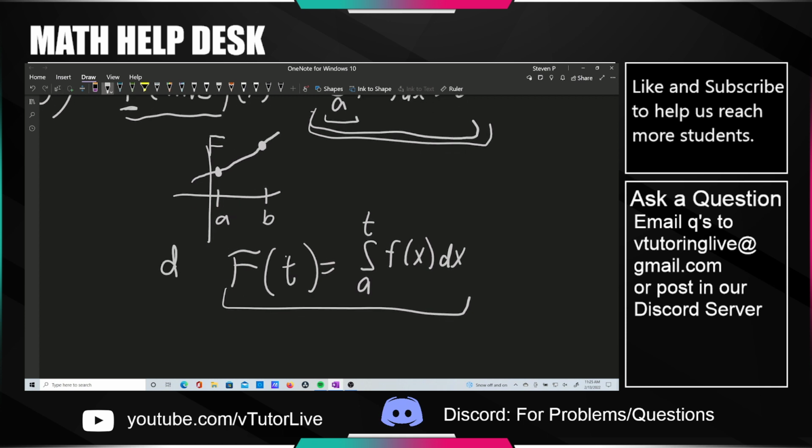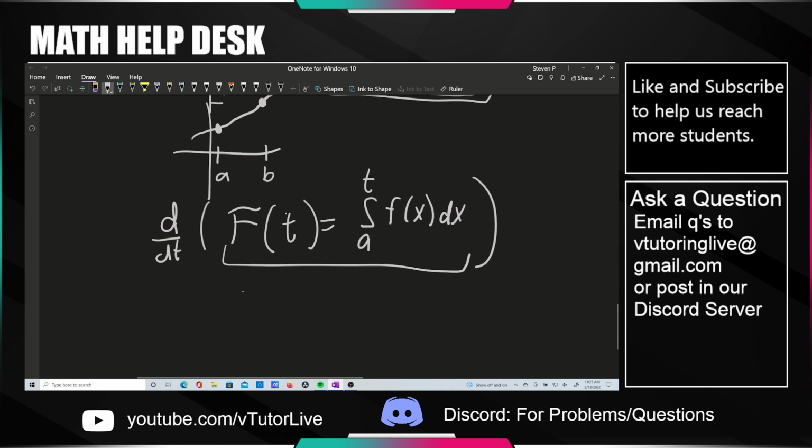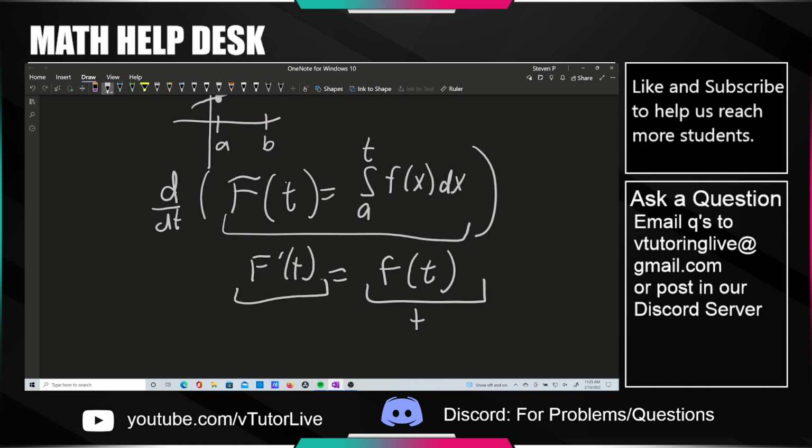So if you just take d/dt of both sides, I guess you can call it this way: f prime of t is equal to f of t. So we are guaranteed by hypothesis that this is positive, so this slope is always positive. And if the slope is always positive, it's obviously increasing, right?